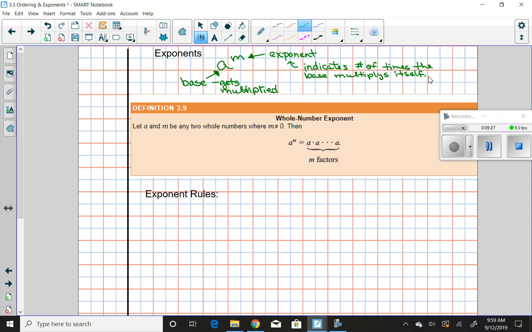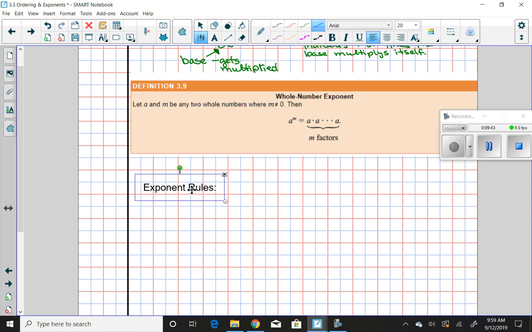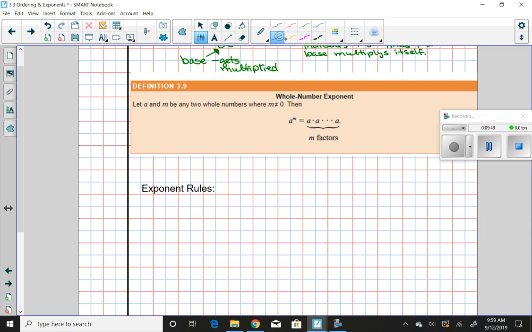When we deal with 0, I'll get to that in a moment. Then A to the M is A times A times A, M number of times. Think of multiplication as repeated addition. We talked about that. So exponents are repeated multiplication. All right, let me give you an example.